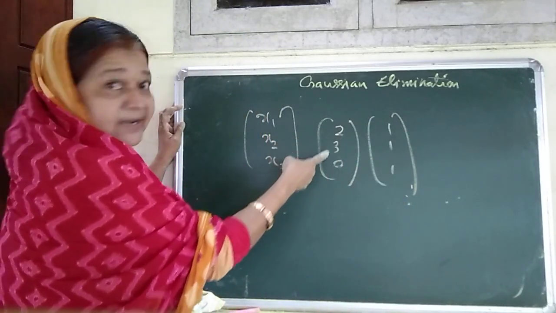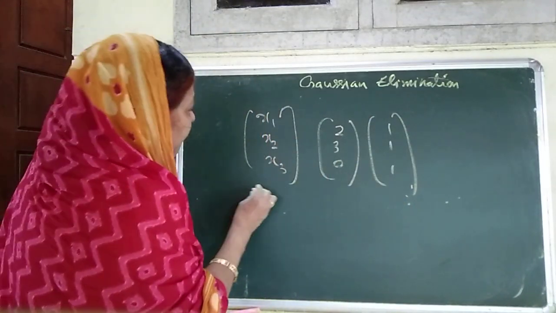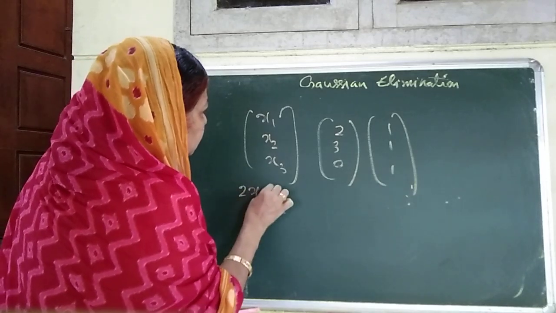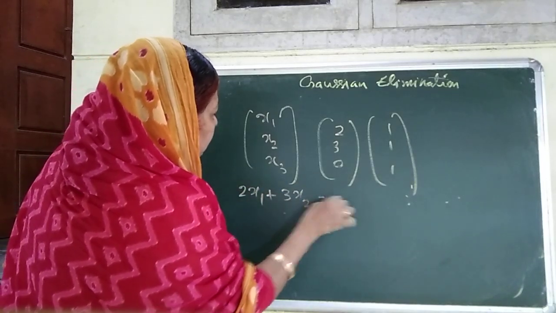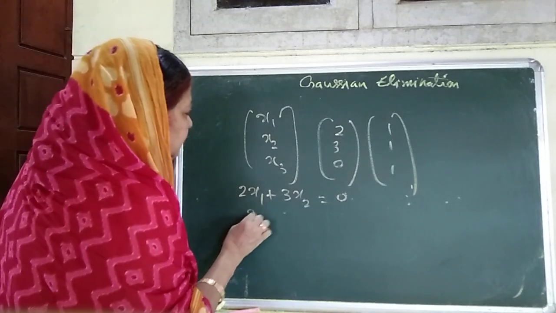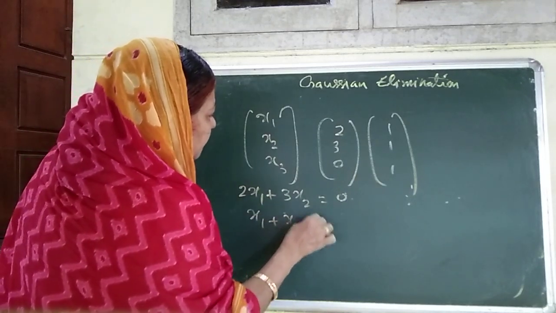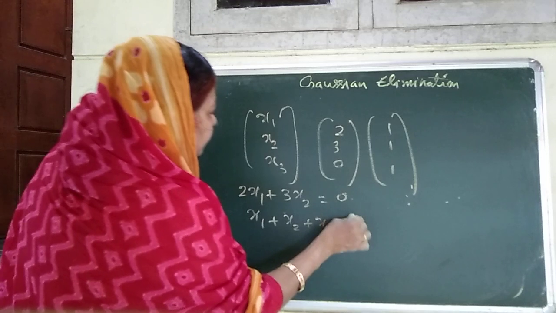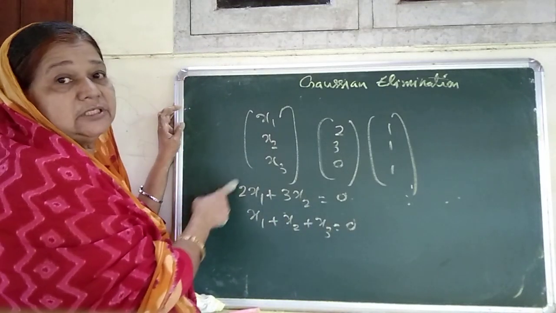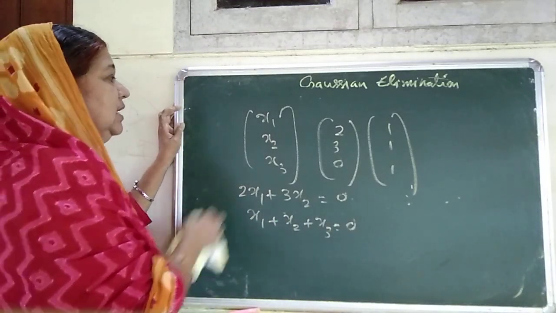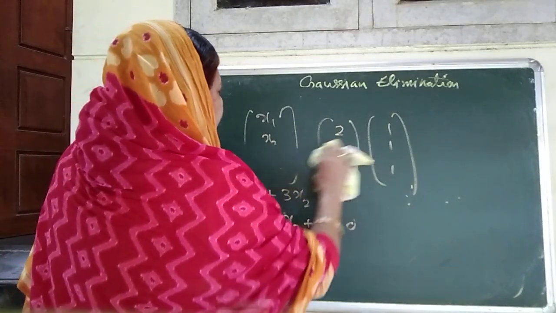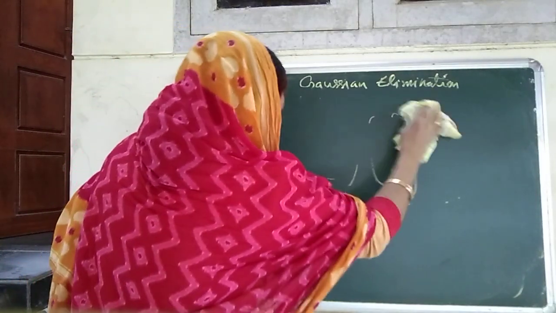Since this vector is orthogonal to these vectors, the first equation is 2x1 plus 3x2 equal to 0. The second is x1 plus x2 plus x3 equal to 0. So we have two homogeneous equations in three unknowns. Thus, we can solve this by the elimination method.